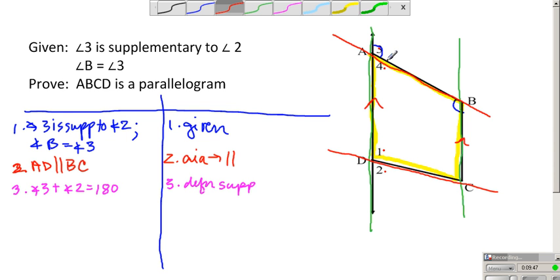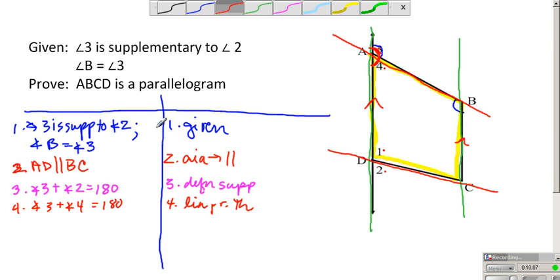So one of the things that I can write is that these 2 up here make a linear pair. So I can say angle 3 plus angle 4 equals 180, and that is by the linear pair theorem.